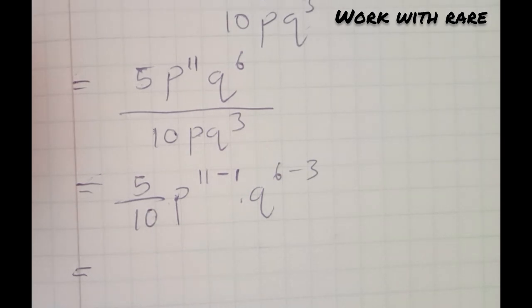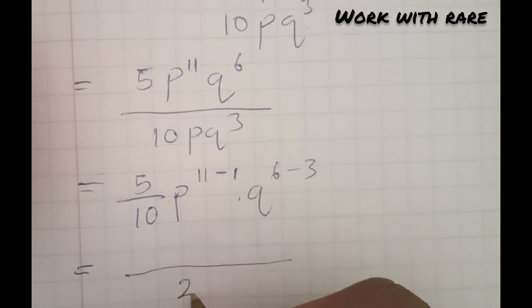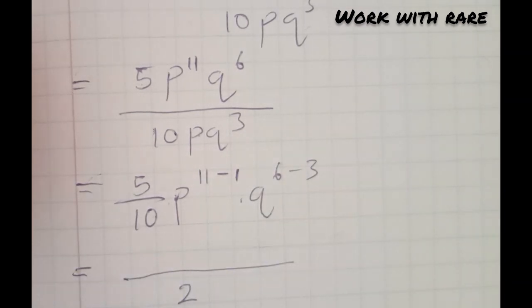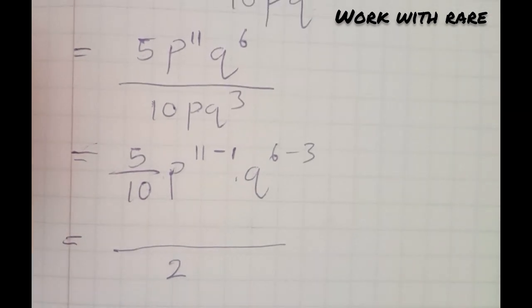Let me say, 5 plus 5 is 10, right? So on our denominator, we will remain with 2 because 5 goes 2 times into 10. Yeah, let me put it in that way.